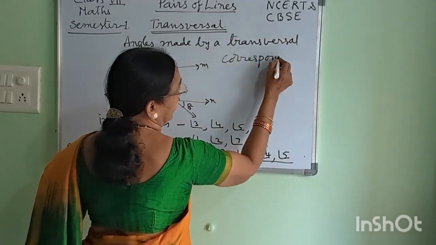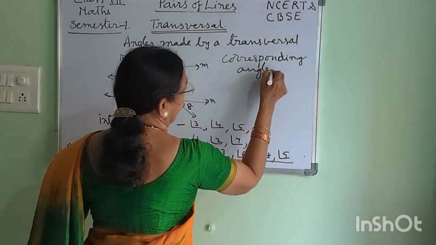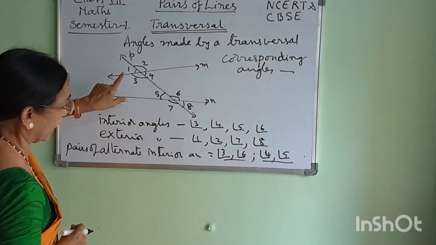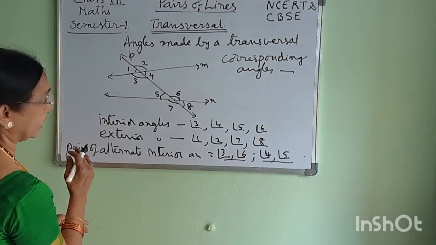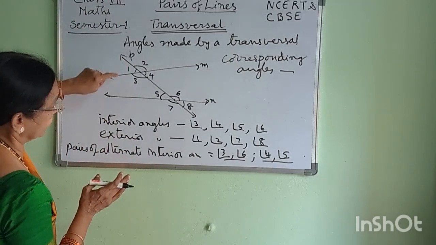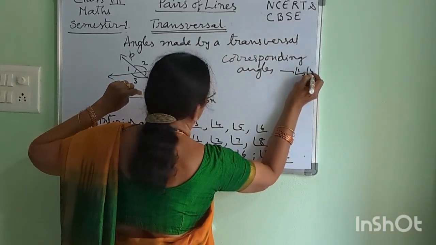And next, corresponding angles. Here 1 and 5 are corresponding angles because these two are on one side of the transversal and on the same side of the lines. Therefore 1 and 5 are one set of corresponding angles.